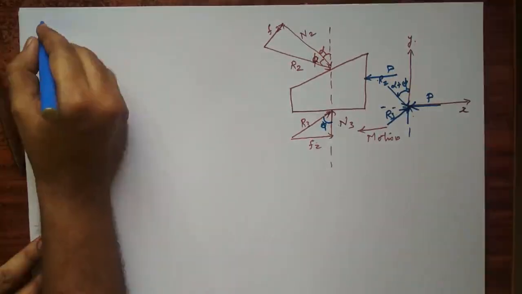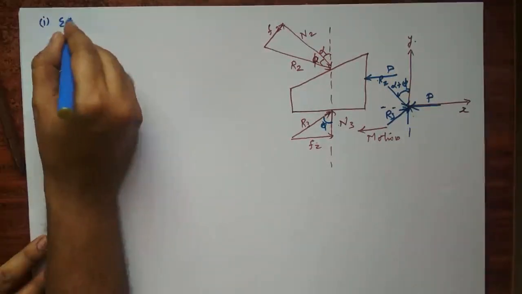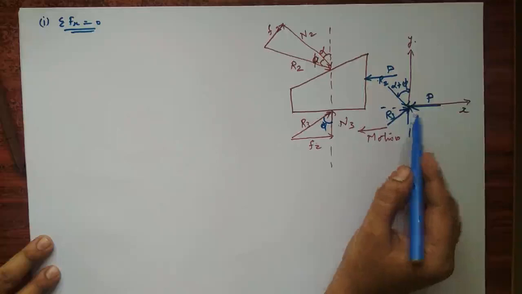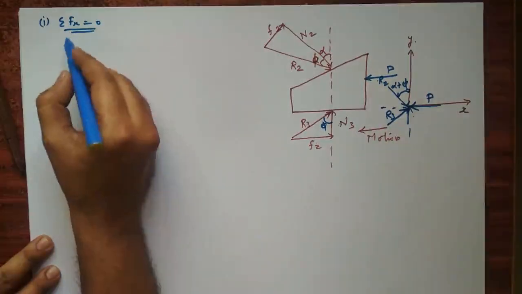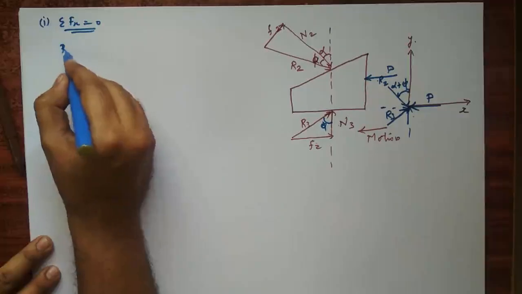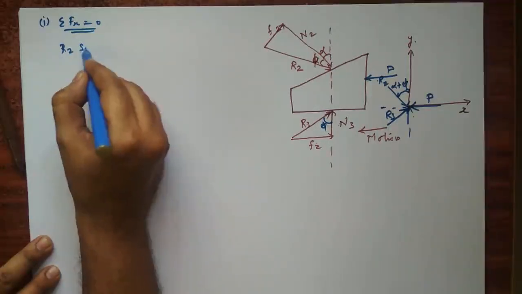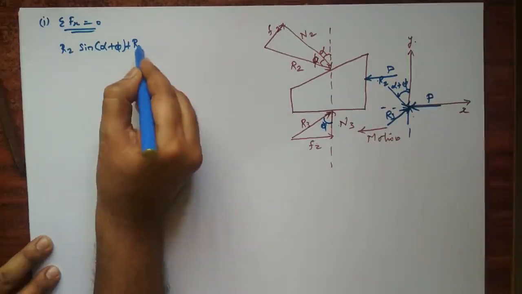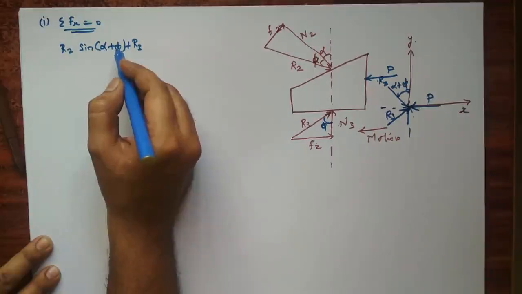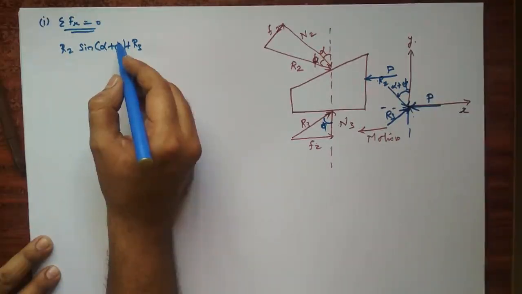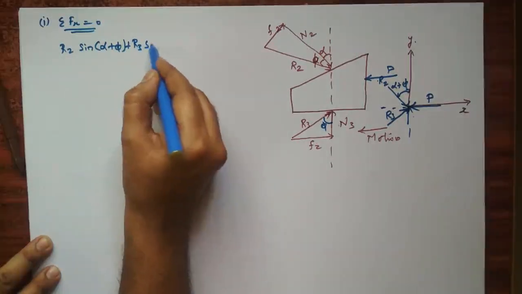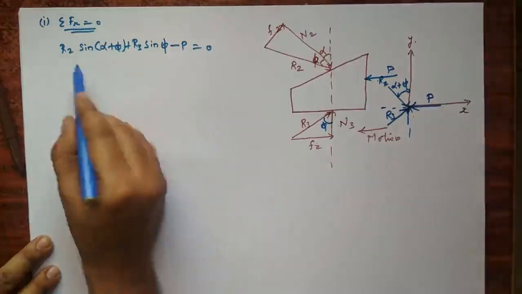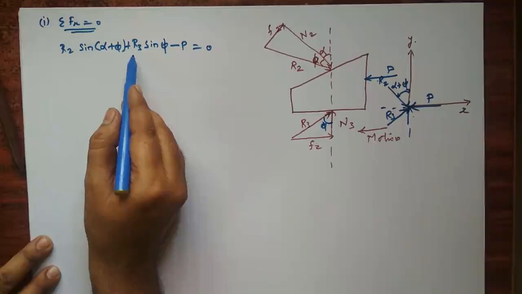So first, sum of Fx equal to 0. So R2 sine alpha plus phi plus R3 sine phi, minus P, which is equal to 0.